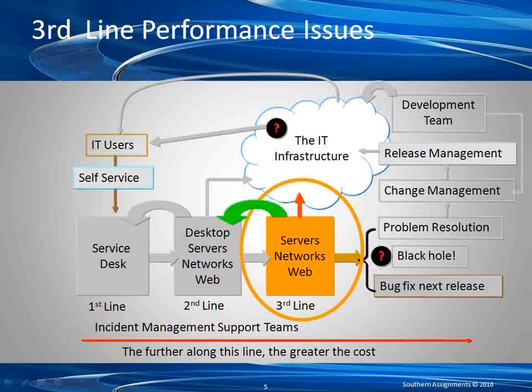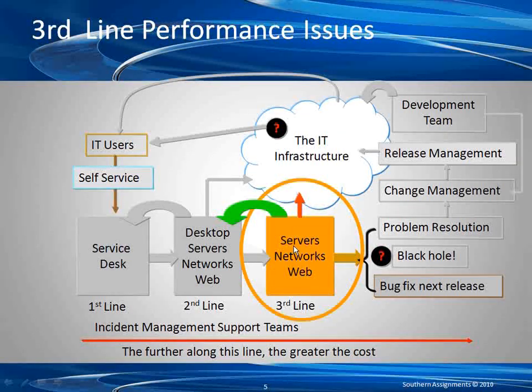The more they do that, the more we can help to reduce the cost as depicted by this red line along the bottom and reduce the amount of incidents that are reached through to third line support.